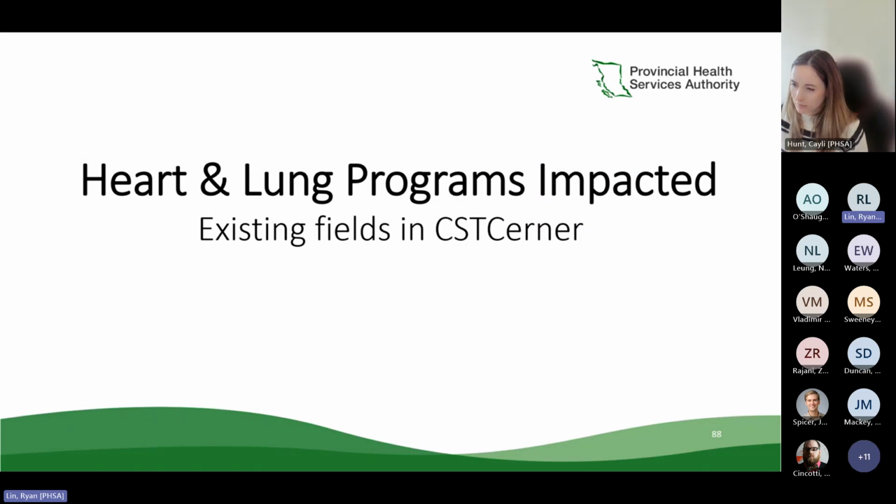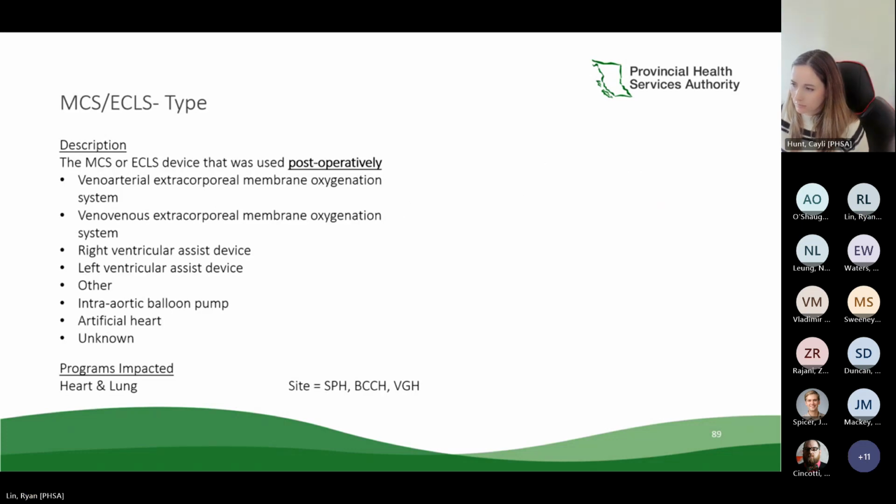So the rest of what we'll be discussing will be specific to the heart and lung programs, starting off with MCS/ECLS. And the first thing that Kaya is looking for is the type. With these devices being used post-operatively, Kaya has outlined specifically what they're looking for in the list here.